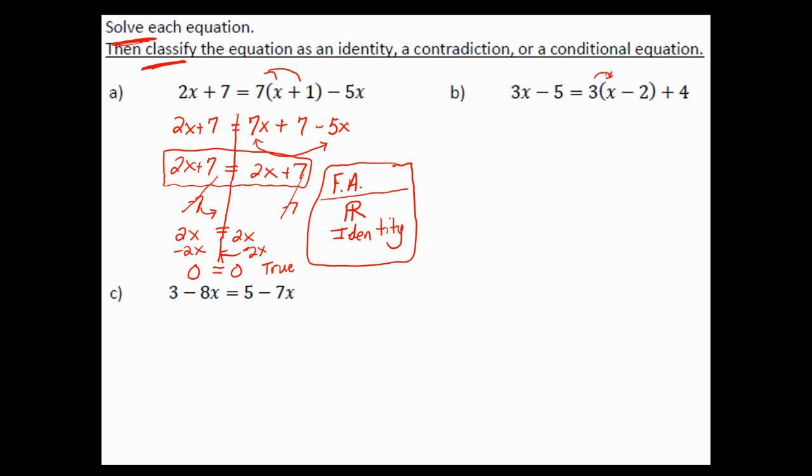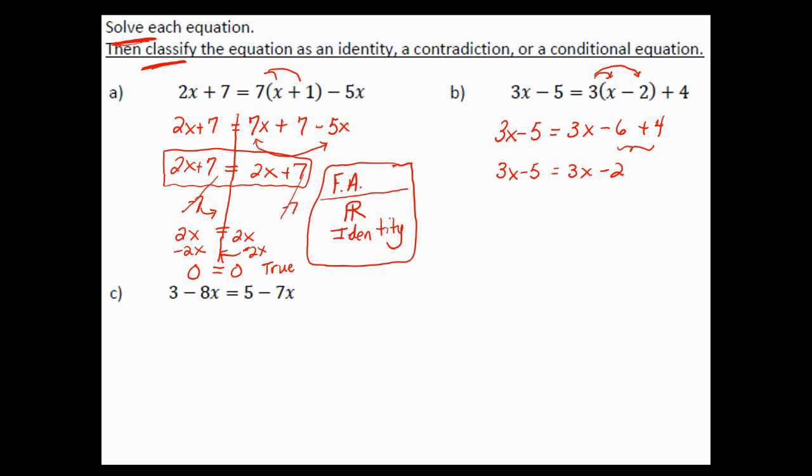Okay, I would like you to hit pause here. Start this next problem. Okay, so you should have collected like terms right here after you did the distribute. So a -6 plus 4 is a -2.